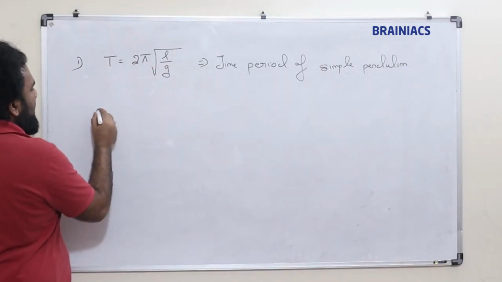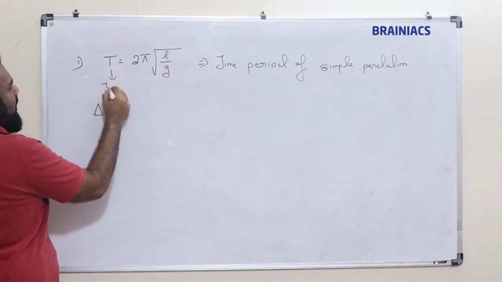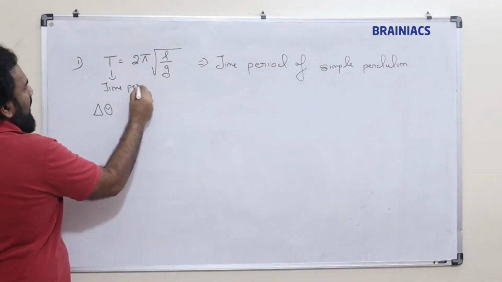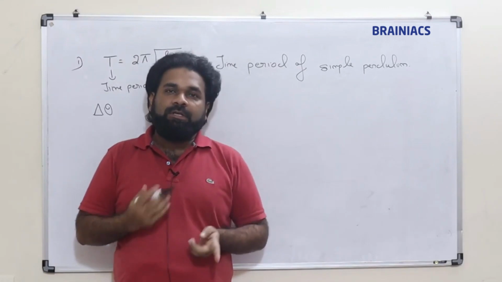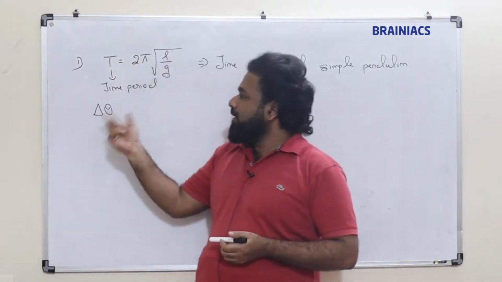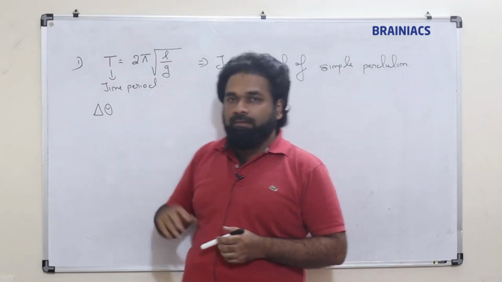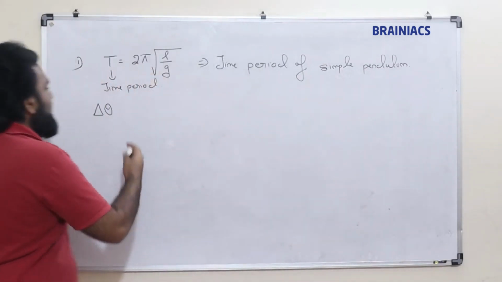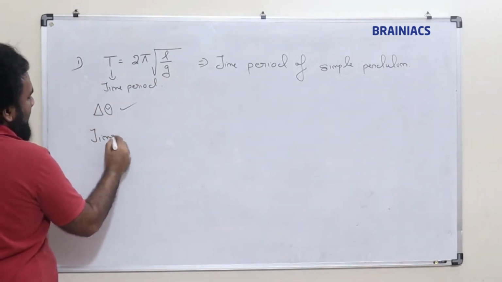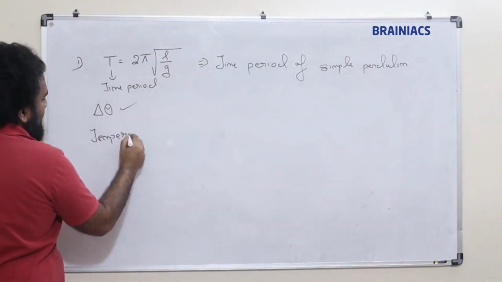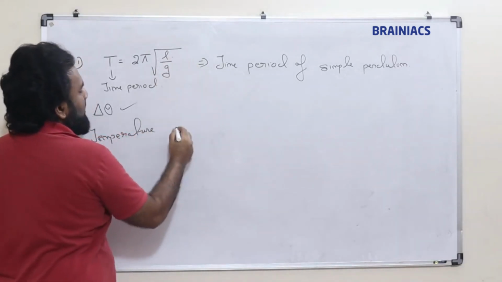Now if we increase the temperature, I am not going to use delta T for change in temperature. In order to avoid this confusion, we are using delta theta. So if the temperature is increased or decreased, what will happen to this L?